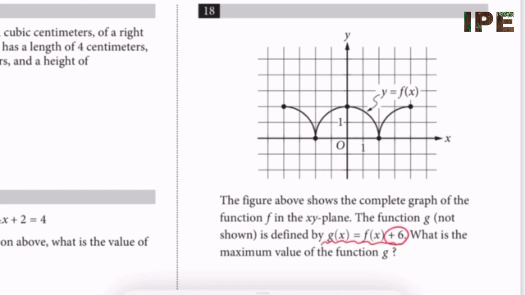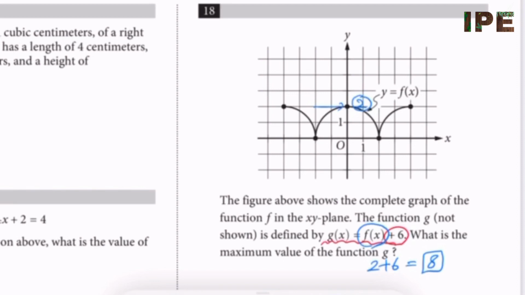So what is the maximum value of function g? The maximum value of function g should be the maximum value of function f plus 6. So what is the maximum value of f(x) first? Maximum value is the highest point of the function graph's y value. So here, that is 2. So the maximum value of g(x) is what? 2 plus 6, which is 8.